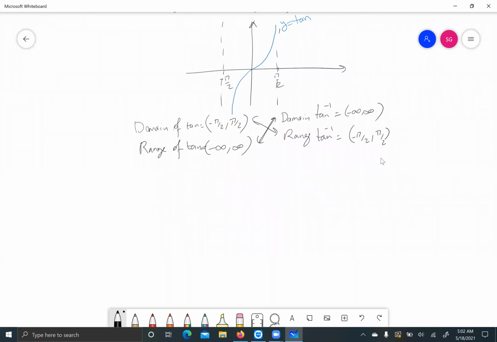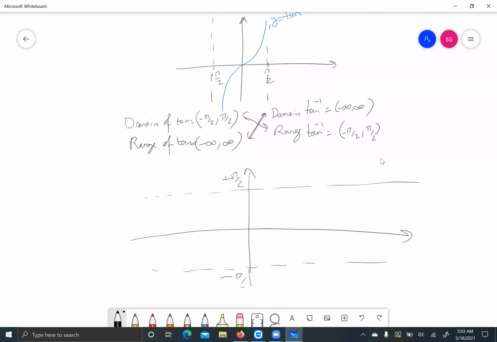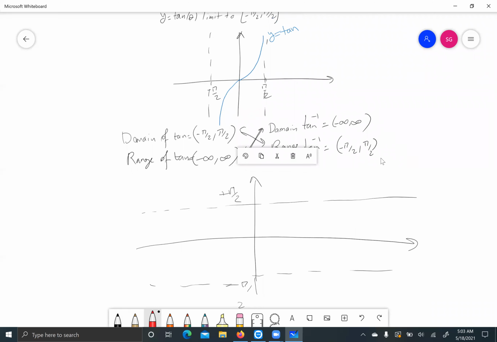So the graph of the inverse function, the range doesn't go beyond positive pi over 2 and negative pi over 2, right? It accepts everything, and the range is a value between negative pi over 2 and pi over 2. And I kind of know that the shape of the graph should be something like this, right?